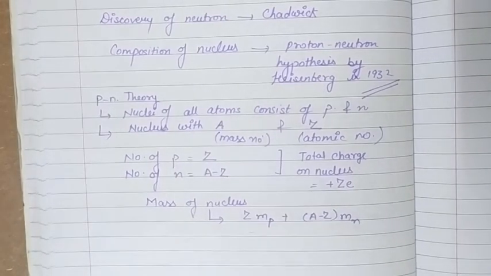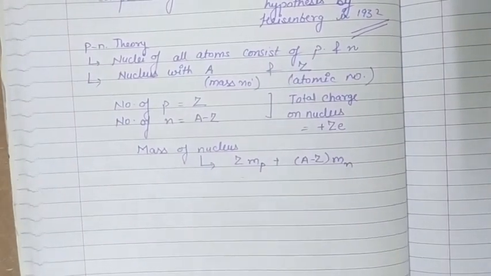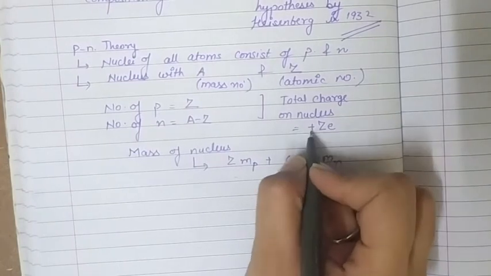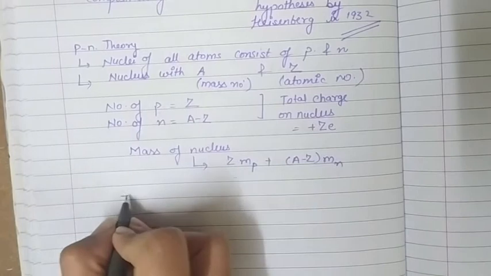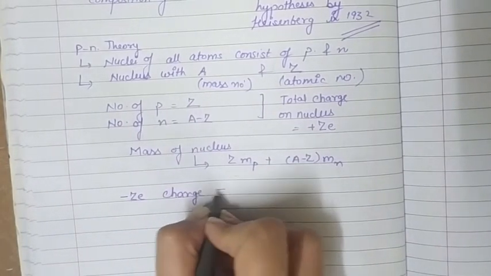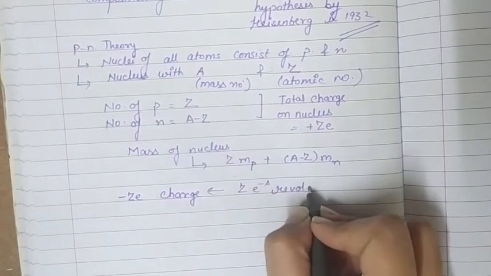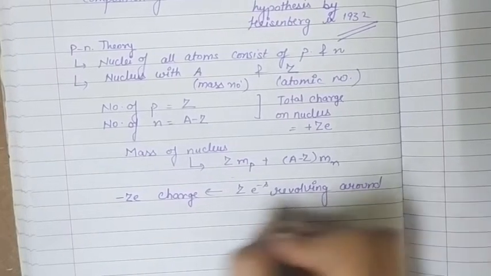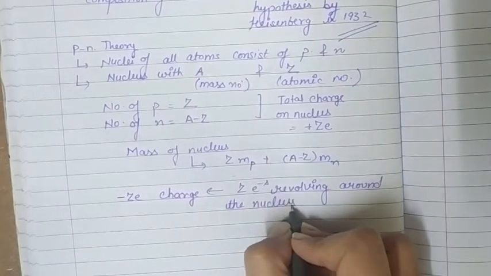Since we know that the atom as a whole is neutral, it was also suggested that since this nucleus has plus Ze charge, to balance this charge we need minus Ze charge, which is given by Z electrons revolving around the nucleus in the atom.